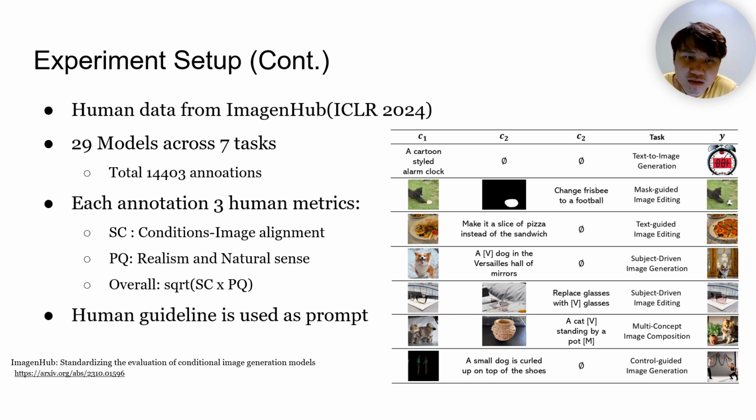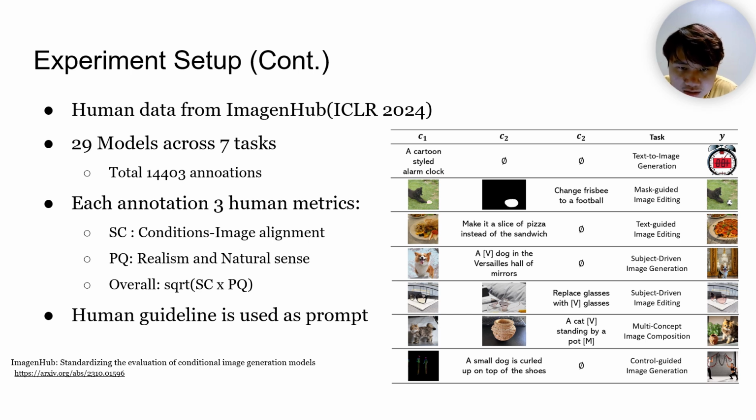In our experiment, we embed the human rating guidelines in our prompt, which cover the 7 tasks including text-to-image generation, mask-guided image editing, subject-driven image generation, subject-driven image editing, multi-concept image composition, and control-guided image generation.